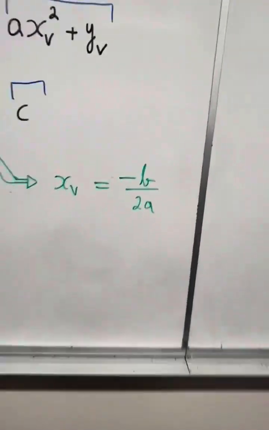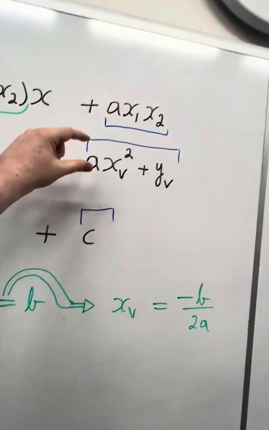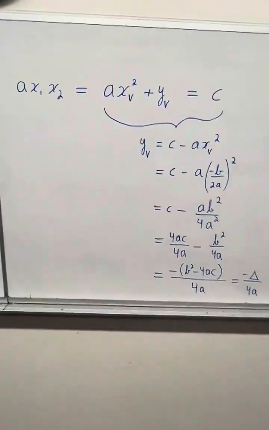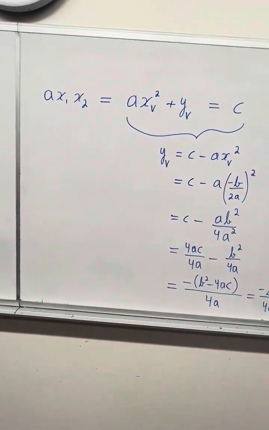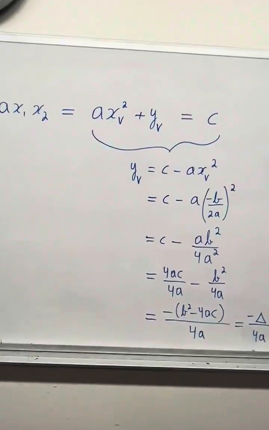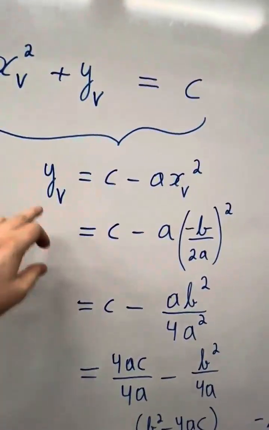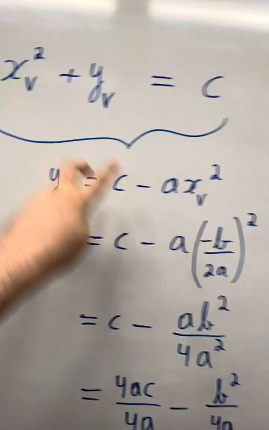Okay, now I also compare the degree 0 terms of the three equations, and I found these formulas here, the first line on top. a x1 x2 equals a times x of the vertex squared plus y of the vertex, and that's equal to c. Looking at this equation, I found the y of the vertex is c minus this.